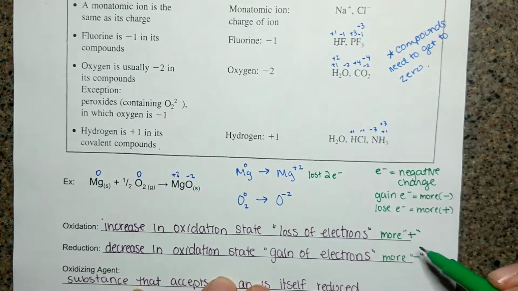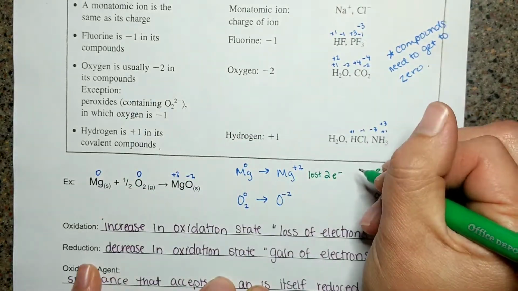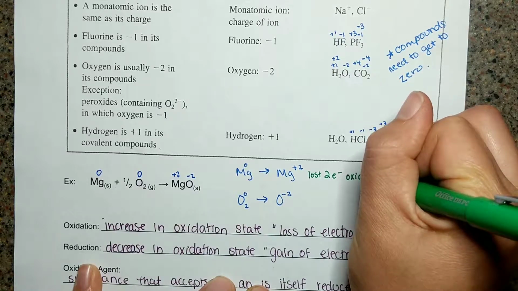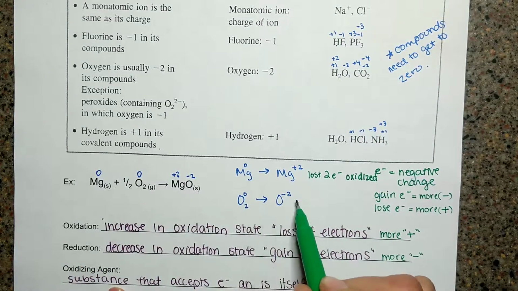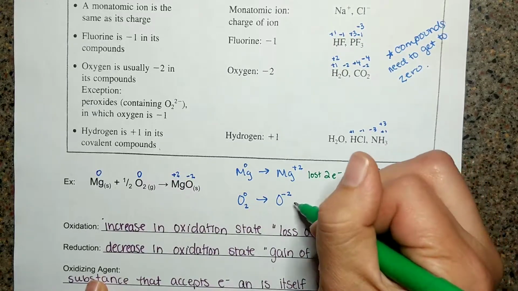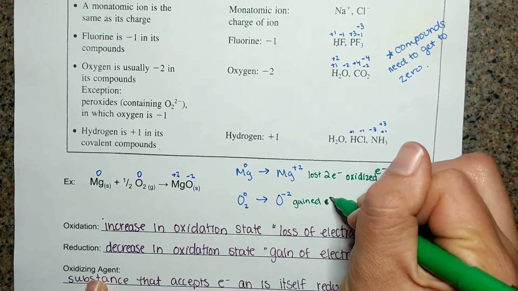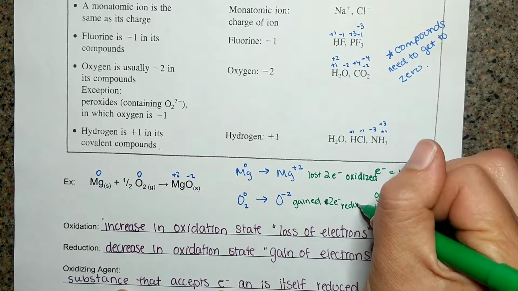So if it lost electrons, it's oxidized. Okay. Oxygen here went from 0 to -2, became more negative. It gained 2 electrons. So we say that oxygen was reduced.